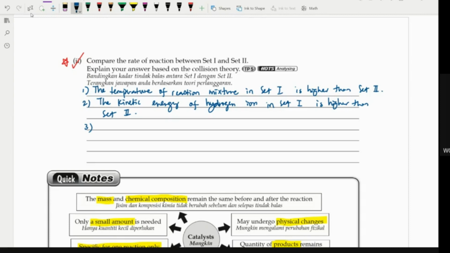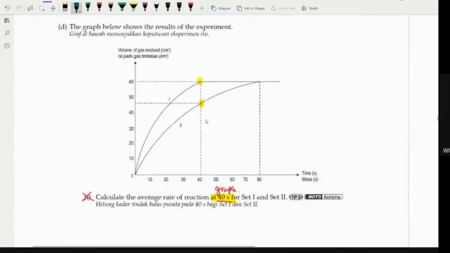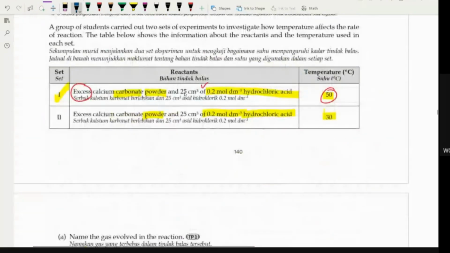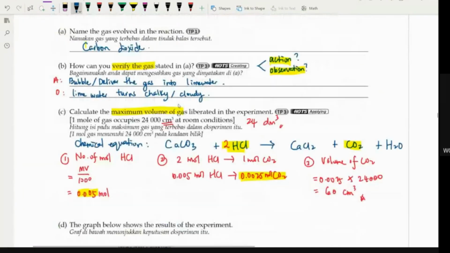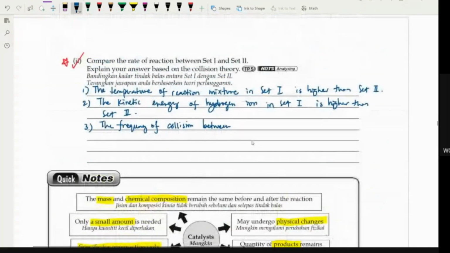Point number 3. So the frequency of collisions between, let me check, acid and the calcium carbonate. Here, no need to mention calcium carbonate.